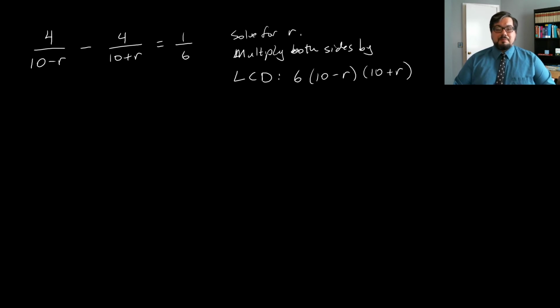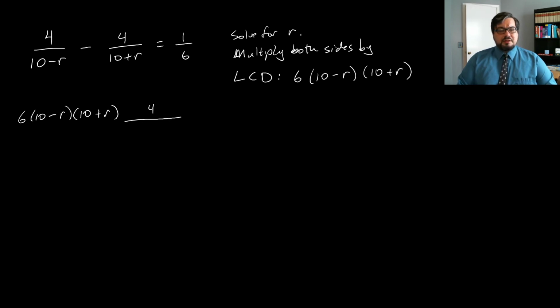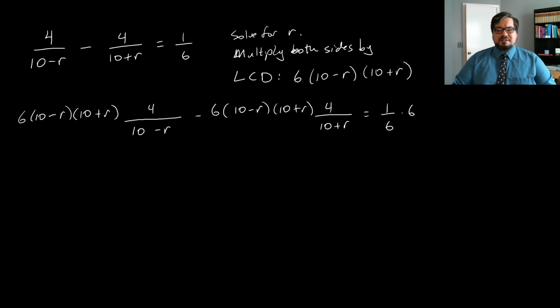So we're going to multiply both sides by this least common denominator, and I'm going to go ahead and distribute that through on the left already and write it as 6 times 10 minus r times 10 plus r times 4 over 10 minus r, minus 6 times 10 minus r times 10 plus r times 4 over 10 plus r, equals 1 over 6 times 6 times 10 minus r times 10 plus r.